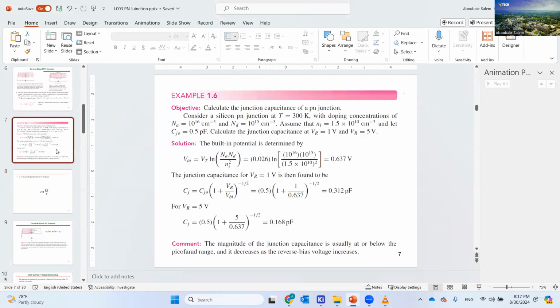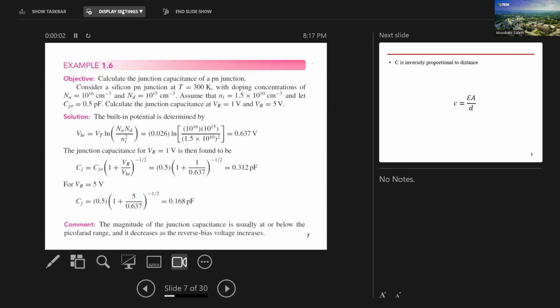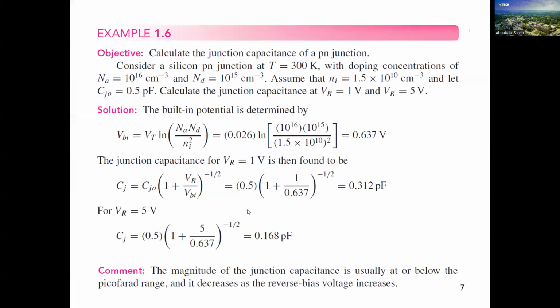So the results here make sense, because as you could see, guys, more volts means the width of the depletion region is increasing. So the distance of the dielectric, or the depletion region, is increasing, and this means the capacitance will be decreasing. So this is the effect of reverse biasing.